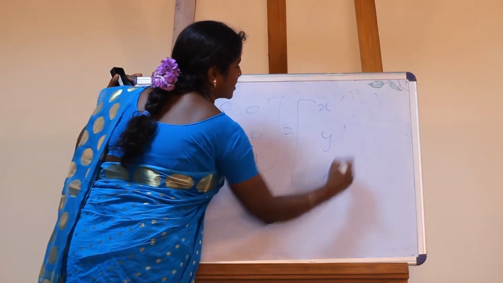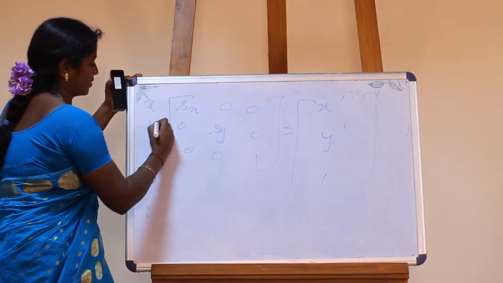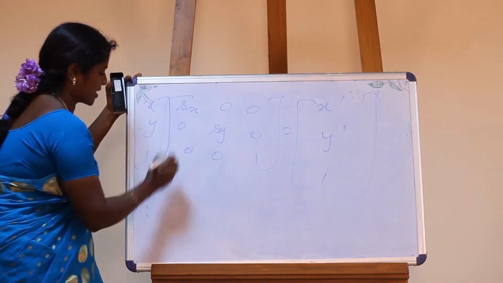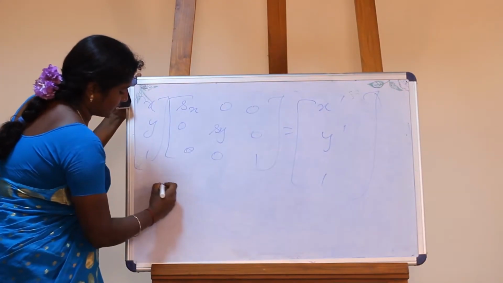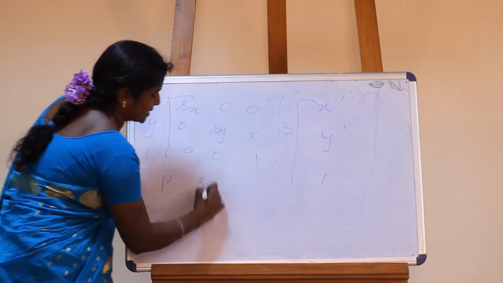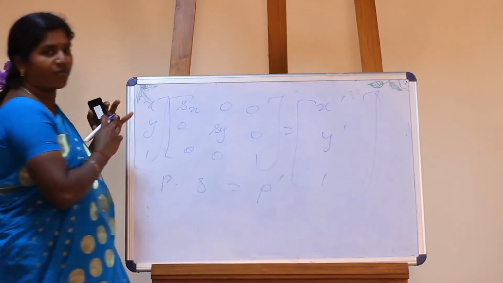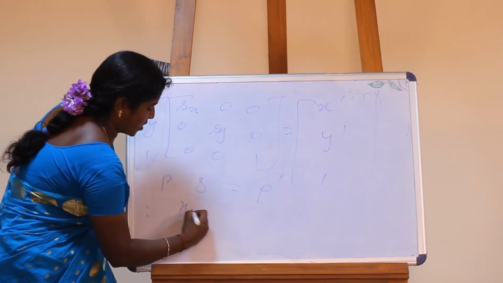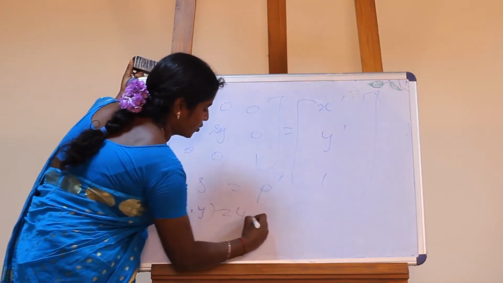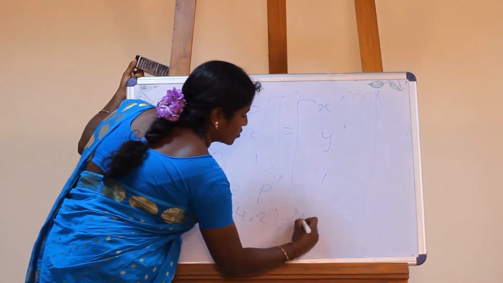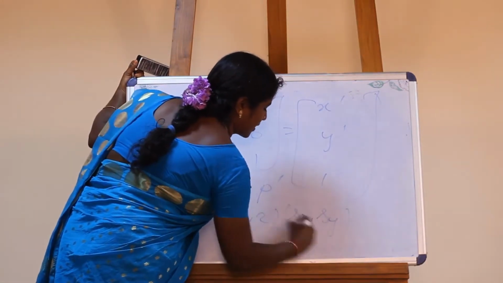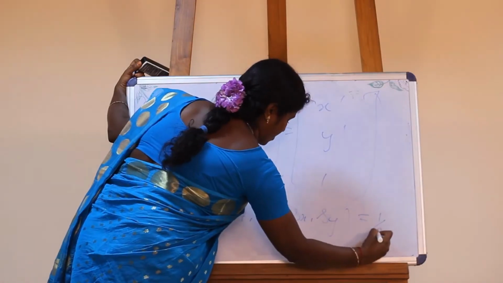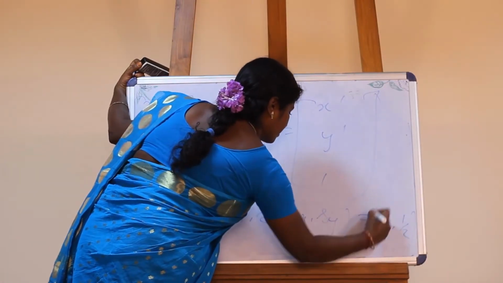x dash, y dash, then 1. This is the general form of scaling: p dash equal to s into p. For example, if you take the original position x, y equal to 4, 2, and the scaling factors sx, sy equal to 1 by 2, 1 by 2.